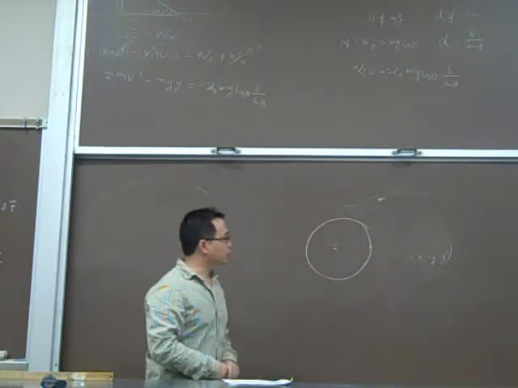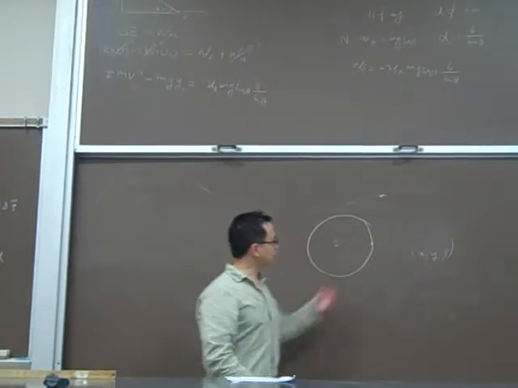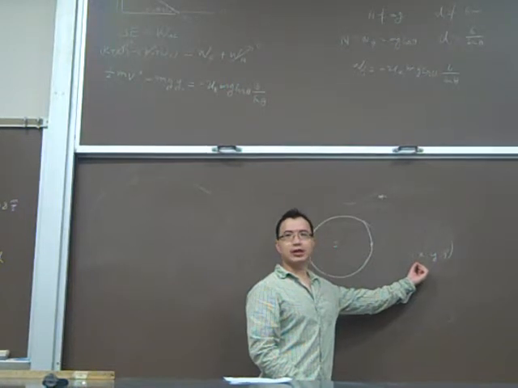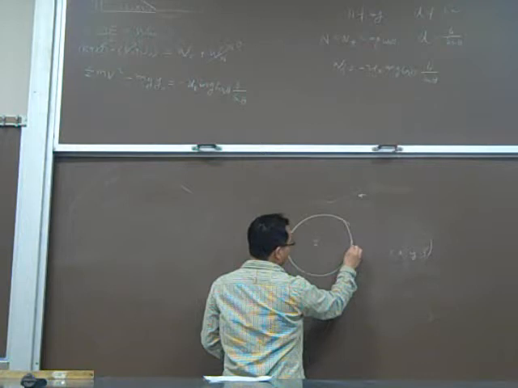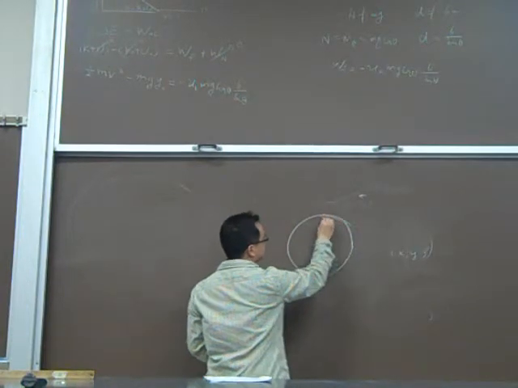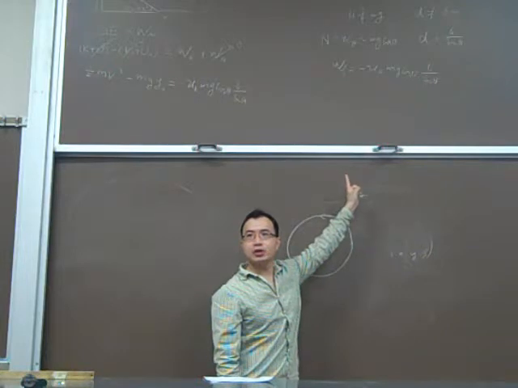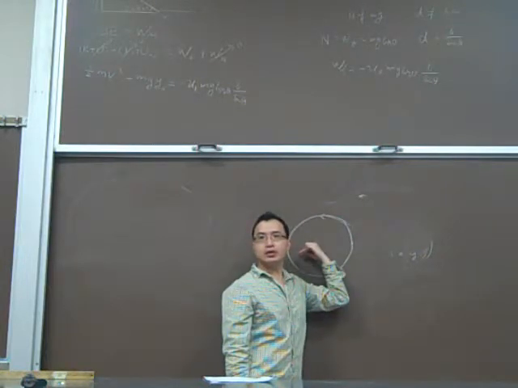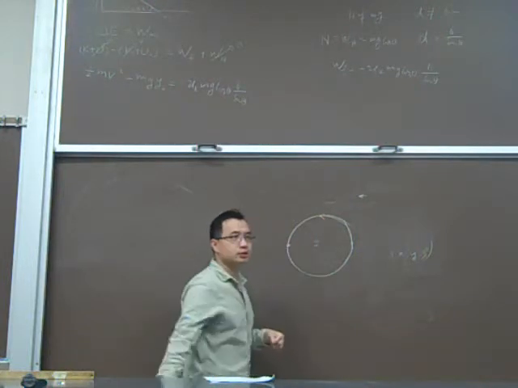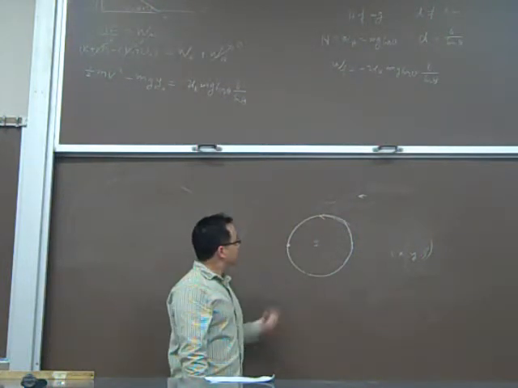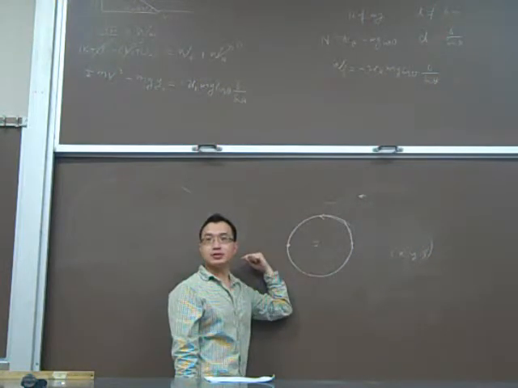For circular motion, you can see that this Cartesian description is quite complicated. Say you start from here to here, the y position will increase, but the x position will decrease. From here to here, y position decreases, x position decreases.